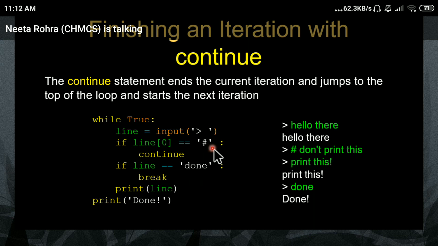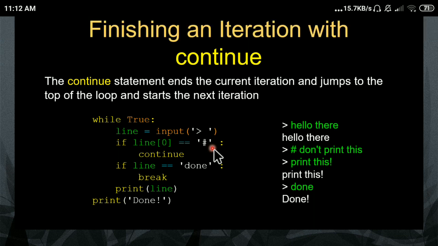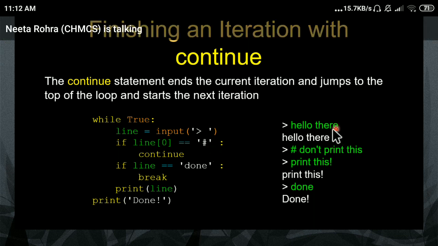Check when your Python interpreter reads comments, is this function not being called? Whatever you input, it is printing. When you have completed, it is done. Whenever you have hash, it is skipping, it is not doing anything.